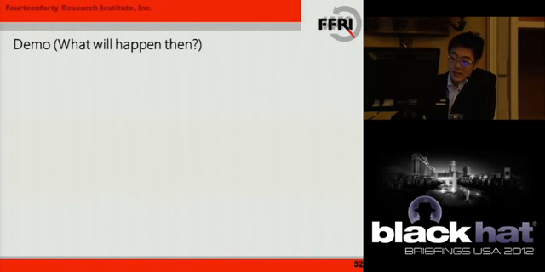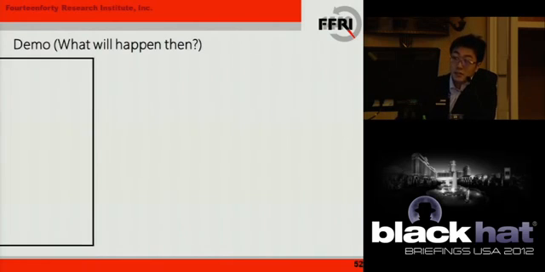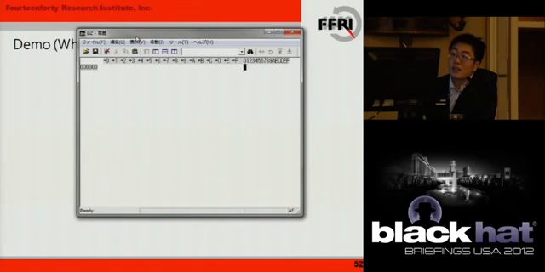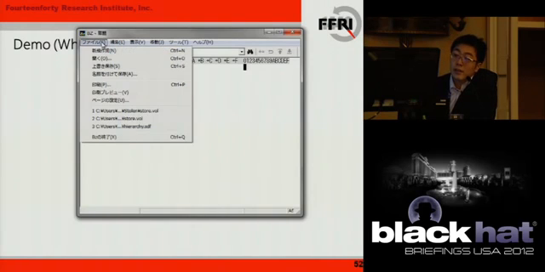For instance, I have assigned a Gmail address to the Windows Phone device. So let's search for Gmail. Here, oe.tsukasa.ffr@gmail.com. Here appears the email address.